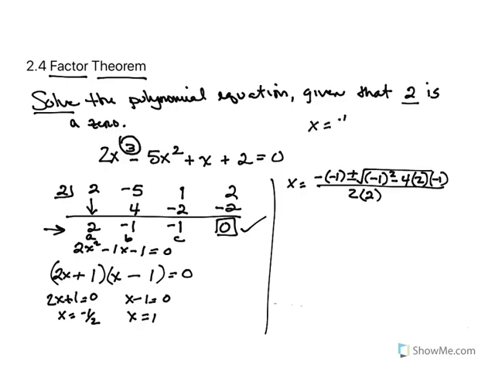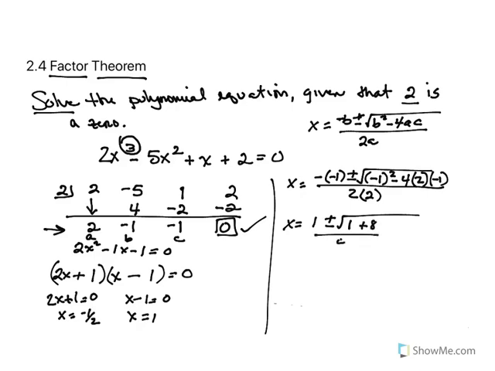So x equals negative b plus or minus the square root of b squared minus 4ac, all over 2a. Okay, so let's simplify it. 1 plus or minus the square root of 1 minus 8. So plus 8, over 4. 1 plus or minus the square root of 9, over 4.